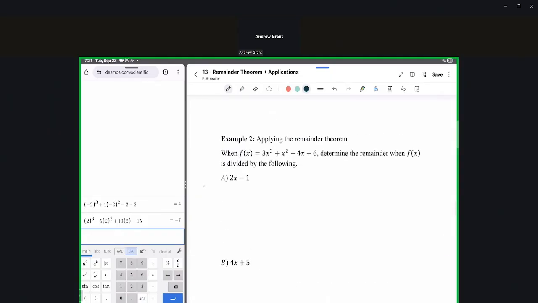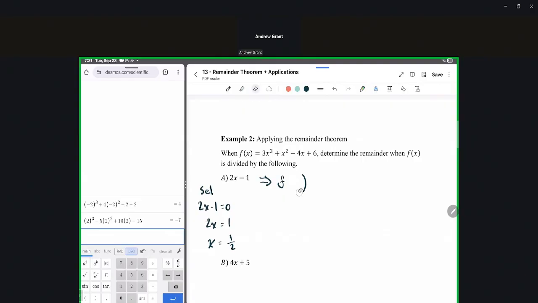Okay, so first thing we do is we set 2x minus 1 equal to 0. So that means 2x is equal to positive 1, and x will be equal to 1/2. And so what we want to check then will be f of 1/2.